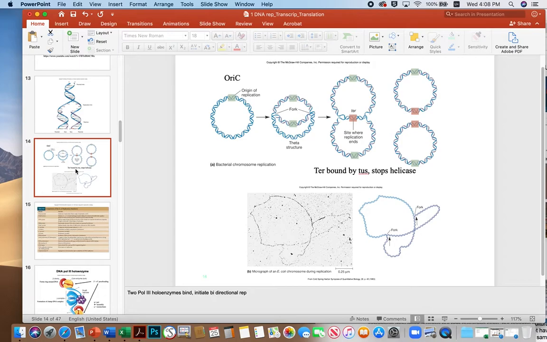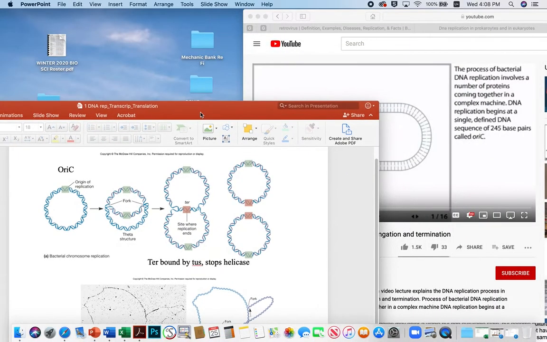The concept here is that there are two main sites, the origin of chromosomal replication, or oriC, and at the other, 180 degrees away, are the termination sequences. And so then you would get bidirectional replication heading in those two directions, as you see here. So here's one fork and here's another fork. And at the end, the replication machinery bangs into the ter sequences, the termination sequences that essentially stop the helicase.